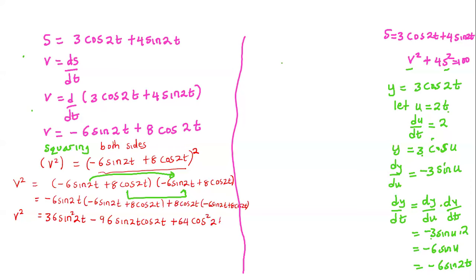Good. I know you have jumped a step, but it's okay. And I simplified this 96 sine 2t cos 2t. I saw that it's an identity. So I have 36 sine squared 2t minus 48 sine 4t plus 64 cos squared 2t. Okay, good.